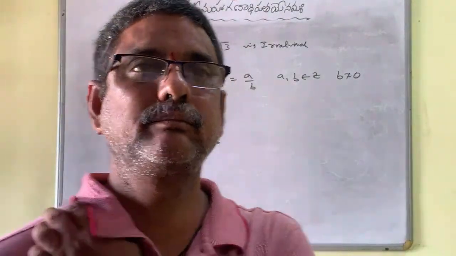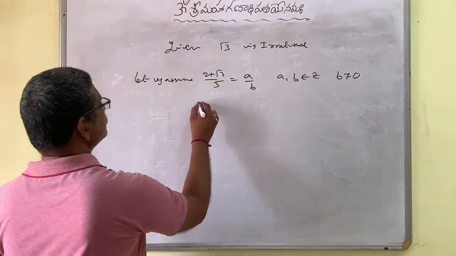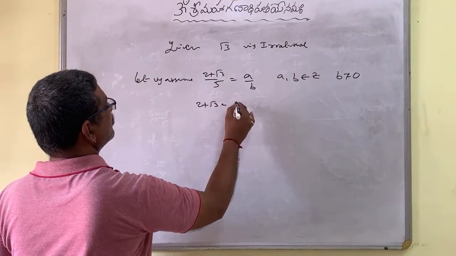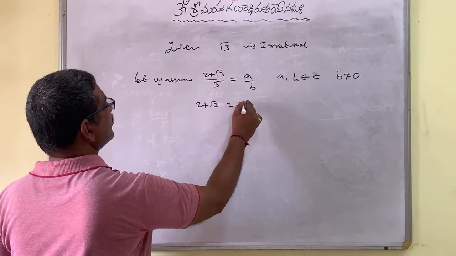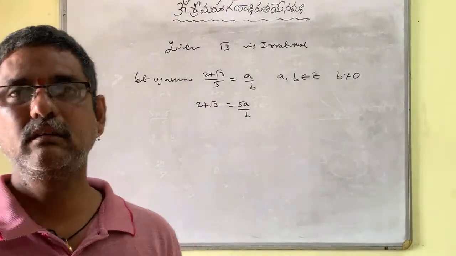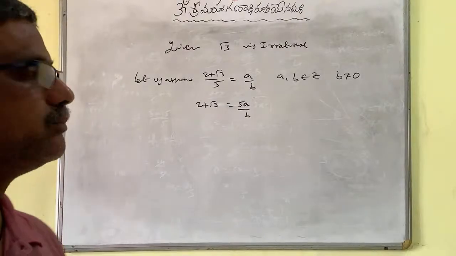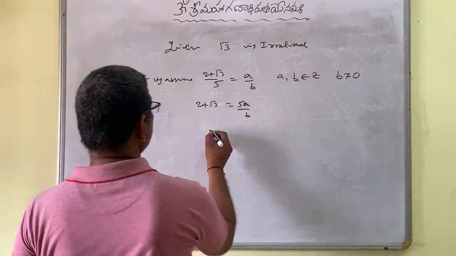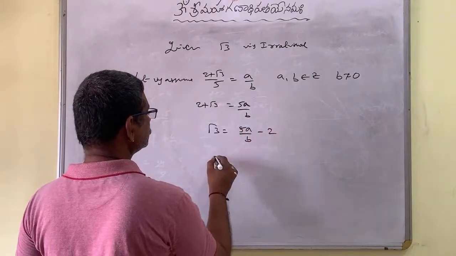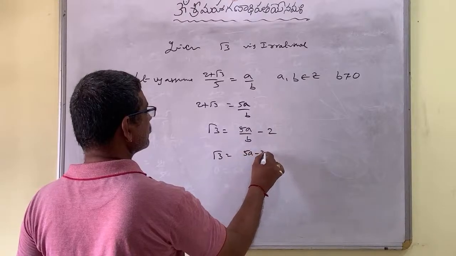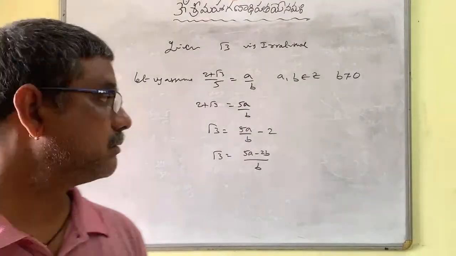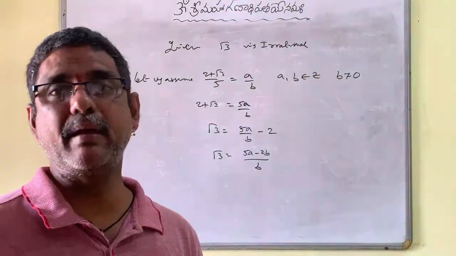Now 2 plus root 3 is 5a by b. Root 3 is equal to 5a by b minus 2. Root 3 is (5a minus 2b) by b.